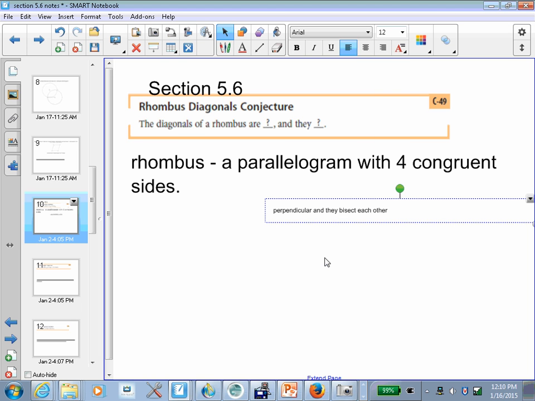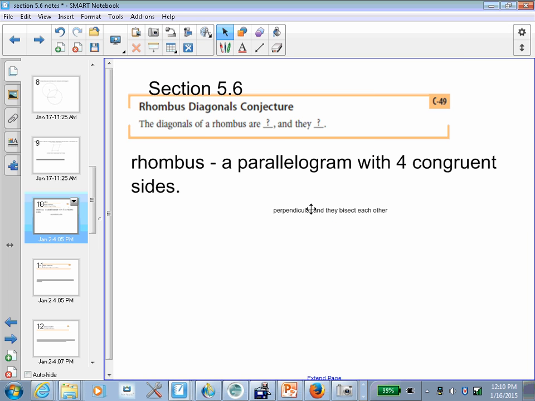Let me change the font there. So the diagonals of a rhombus are perpendicular and they bisect each other.